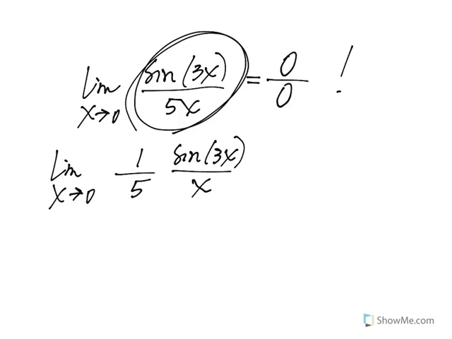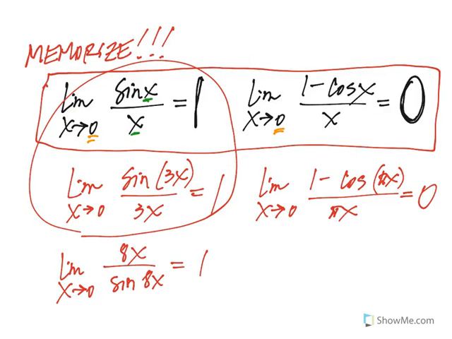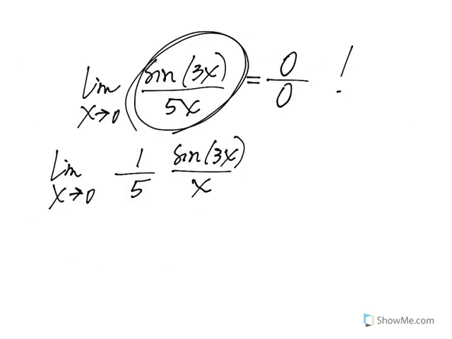Now I still have 0 over 0 here, but in order to get to this formula, I need this number right here to be a 3. But I can't just write a 3 in there. I need to multiply top and bottom by 3. So I'm going to multiply that expression by 3/3, and then put it in a different order.